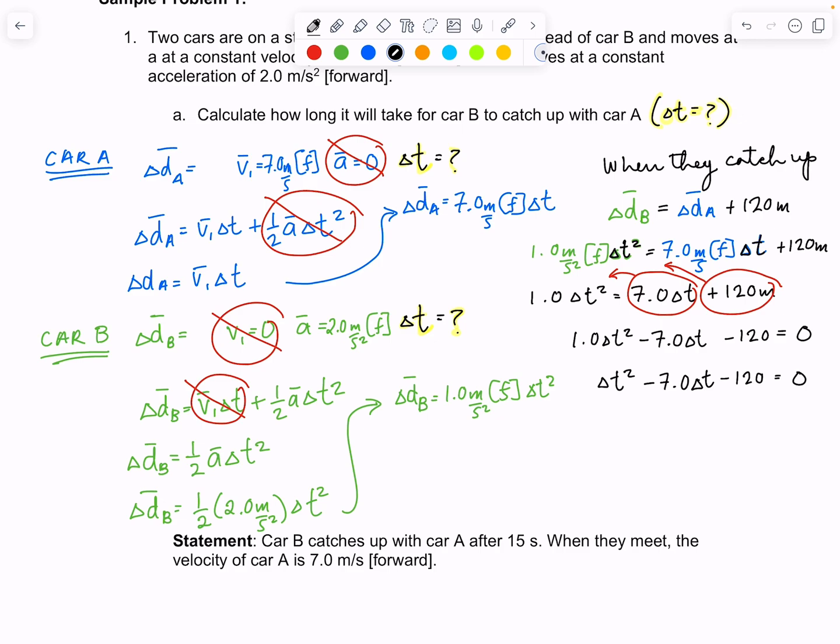Now, how do we solve a quadratic equation for delta t? Well, if there are two t's and one of them is squared and this is a quadratic equation, we have two options. We can factor if it's factorable, or we can use the quadratic formula.